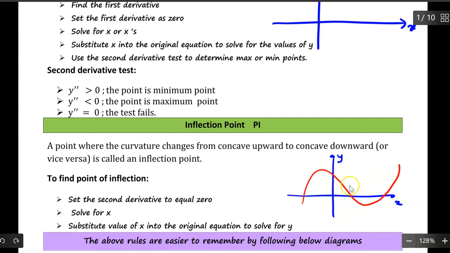That point of inflection tells me this is the part where the curve or the function changes concavity. So it will be changing from concave downward to concave upward. So in this case, I can find the point of inflection here somewhere. And I can tell you that here you will find the maximum point, and somewhere here is a minimum point.